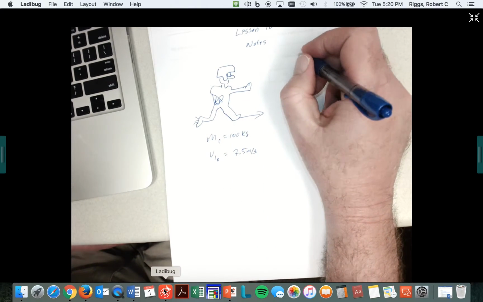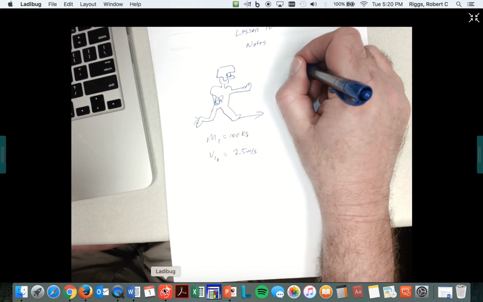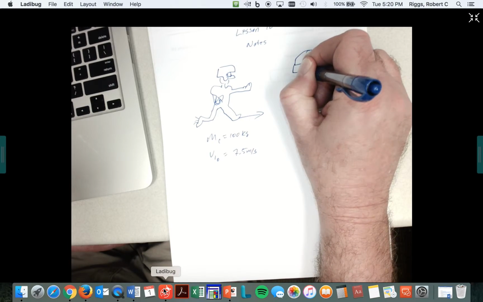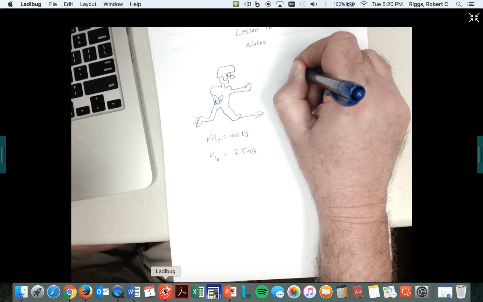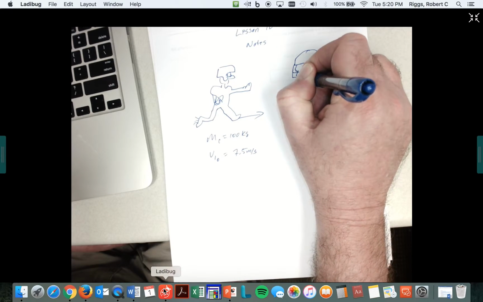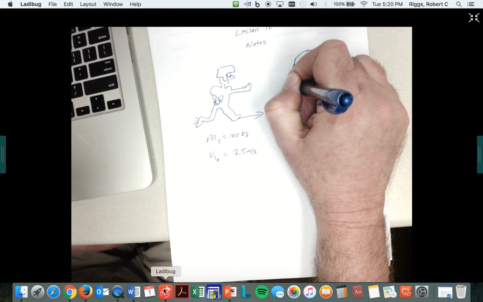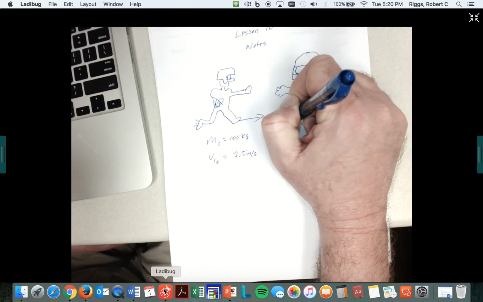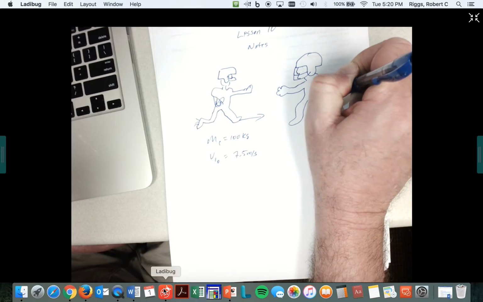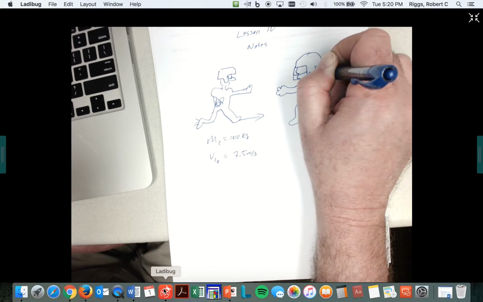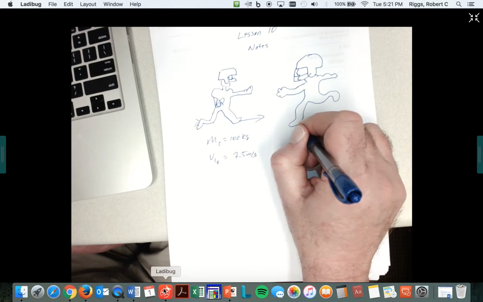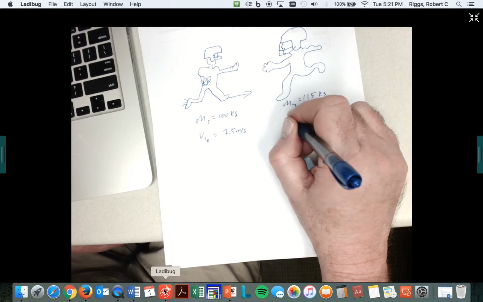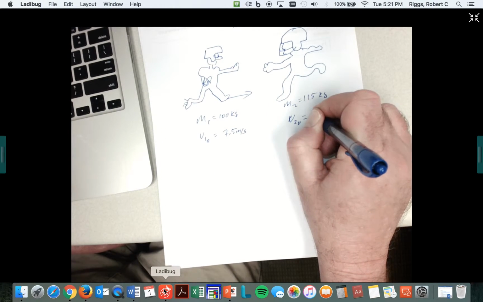All right. Now, there's a bigger linebacker coming at him this way. And his mass, m2, is 115 kilograms, and the initial velocity of 2 is 5 meters per second.